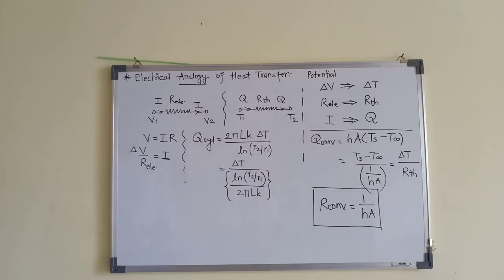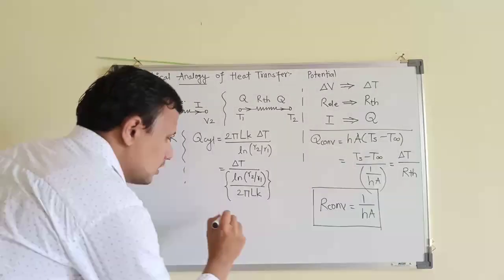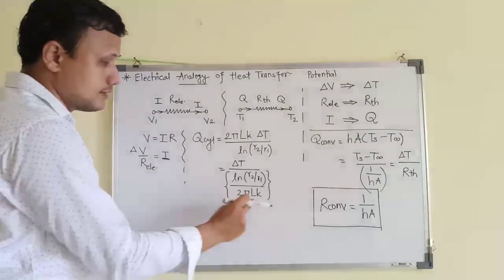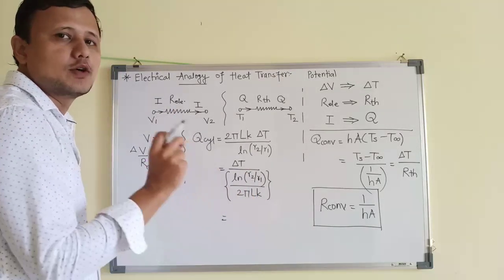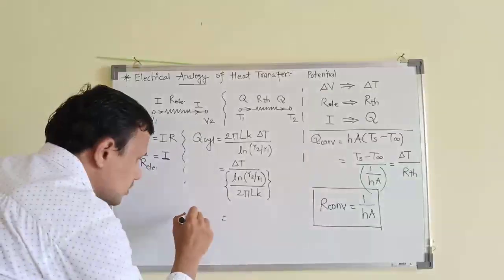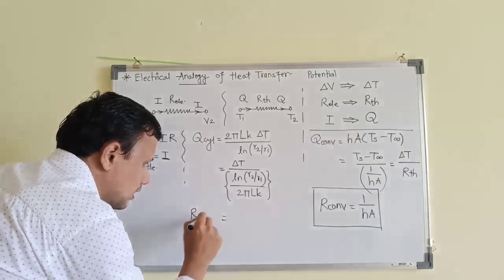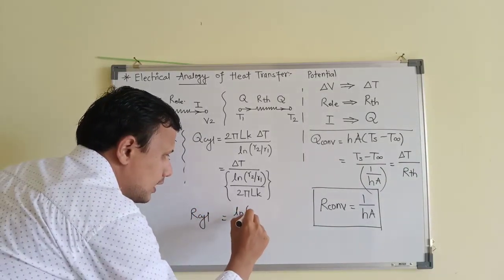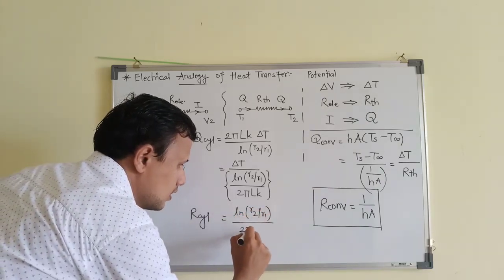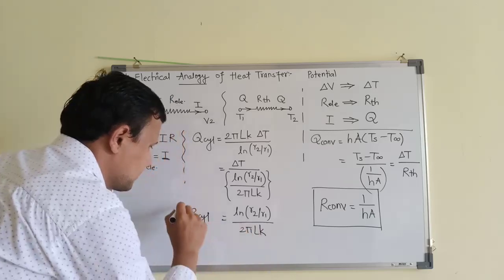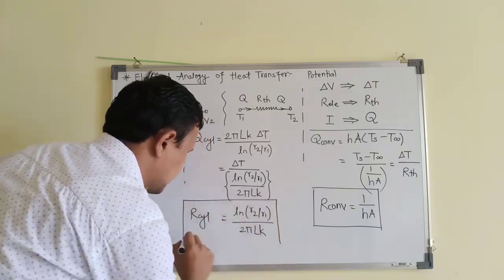So now we can quantify the resistance for conduction heat transfer, but now it is being offered only by cylinder. So this will be R cylinder, equal to ln of R2 by R1 upon 2 pi Lk.